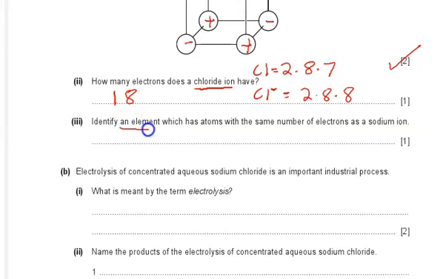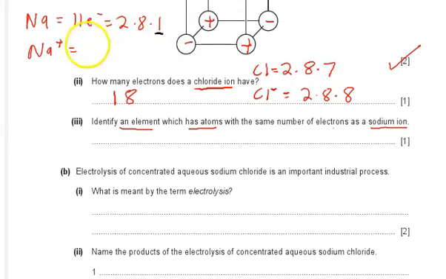Identify an element which has an atom with the same number of electrons as a sodium ion. Sodium has 11 electrons with a configuration 2.8.1. When it donates 1, it becomes a positive ion, so this valence electron will be eliminated. You will only have 2.8, so here is 10 electrons for the sodium ion.